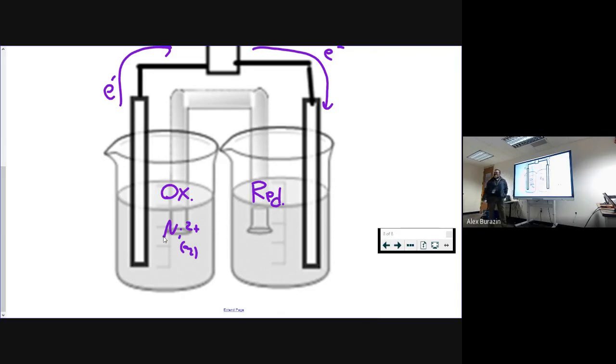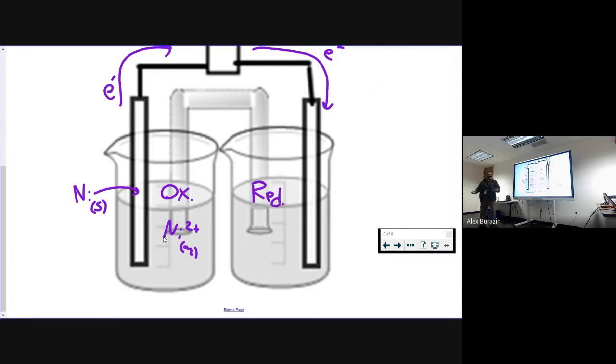It's the liquid inside the beaker. The other nickel, which is nickel solid, is my electrode. This piece of metal right here would be nickel metal. So the electrode itself would be made out of nickel, and in the beaker, I would have nickel ions.